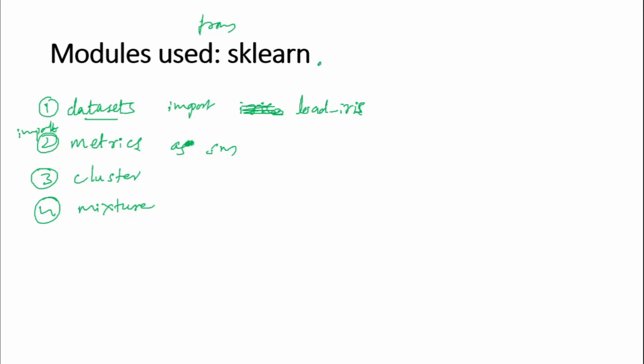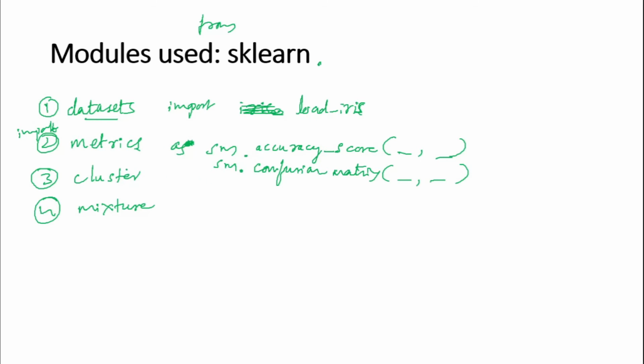Okay, sm means sklearn metrics. You can use this object with this alias as sm.accuracy_score, which has two parameters, and sm.confusion_matrix. Again, for confusion matrix we need to input two things. Okay, we have two arguments.